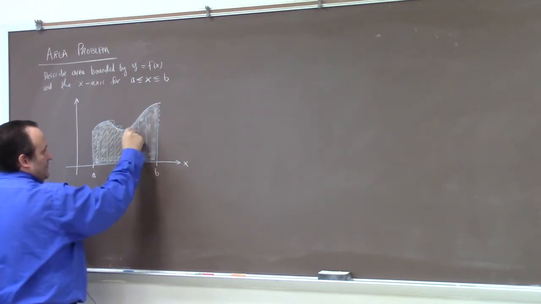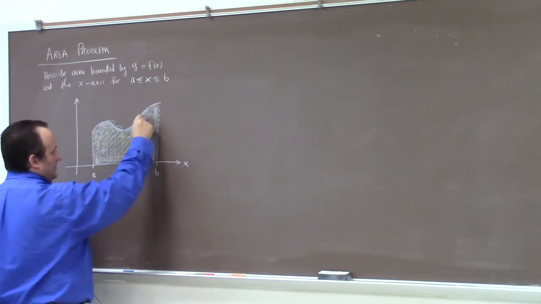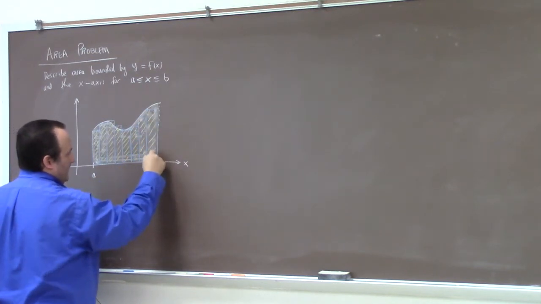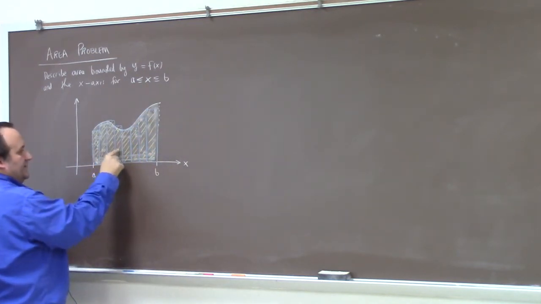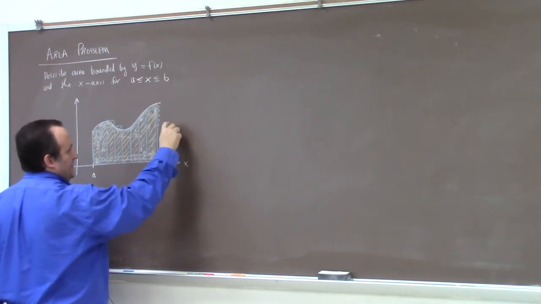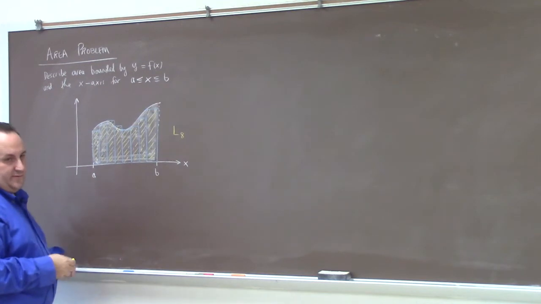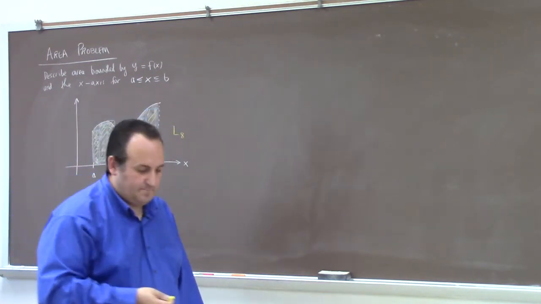So this picture I'm drawing would be the so-called left endpoint rule. Let's see here, 1, 2, 3, 4, 5, 6, 7, 8. This would be an illustration of L8, the left endpoint rule with 8 segments.